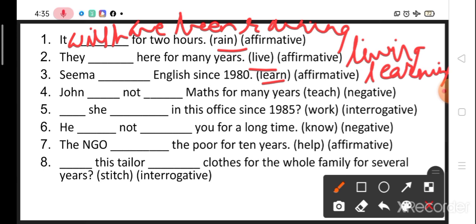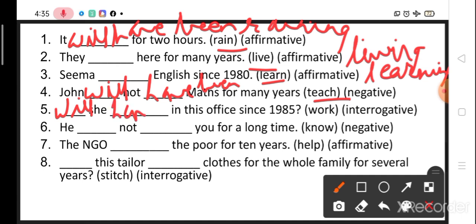John will not have been teaching maths for many years.